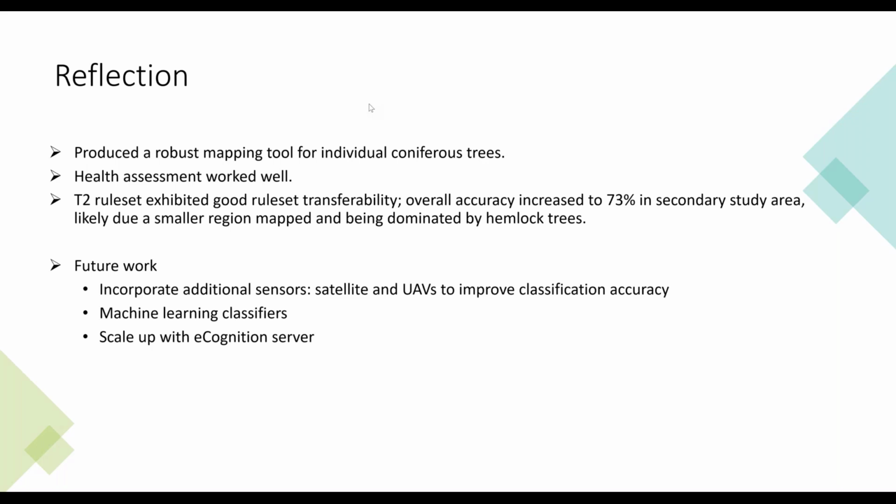I would be curious to see how machine learning classifiers would do, either with this data classifying these trees, or using additional information and then going that route as far as my classification. And then in the long run, I would like to use these rule sets with the eCognition server to essentially map the whole 200,000 acre park for these trees, in a bulk sense, in a timely manner with the server.